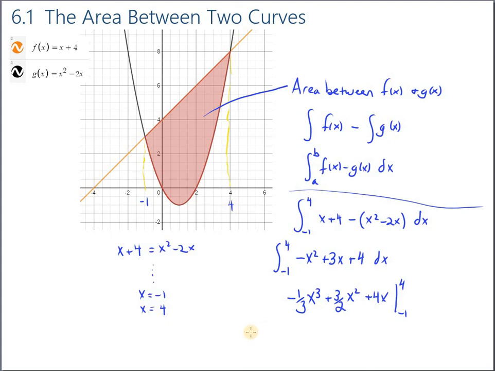So plugging in 4, you get -1/3 times 4 cubed, which is 64, plus 3/2 times 4 squared, which is 16, and then plus 4 times 4, which is also 16, and then minus the same things with -1 plugged in. So that'd be -1/3 times -1 cubed plus 3/2 times -1 squared plus 4 times -1.